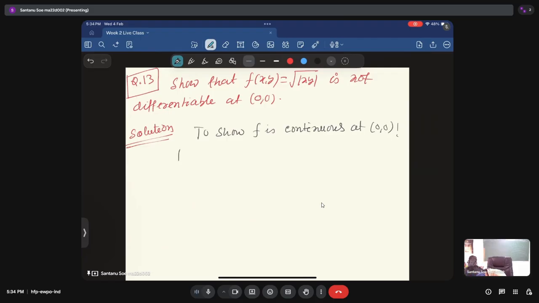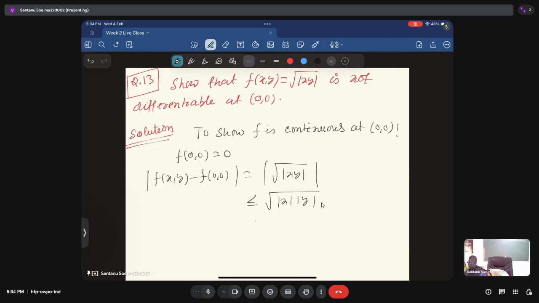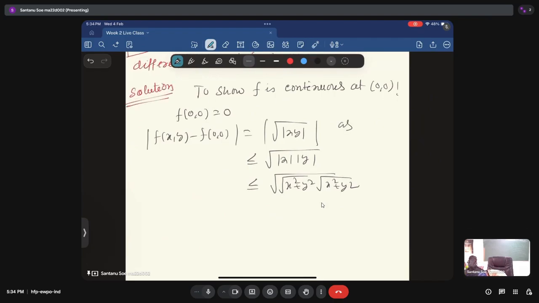So clearly we can see that f(0,0) is 0. Then |f(x,y) minus f(0,0)| is nothing but modulus of square root of modulus of xy, and this is less than or equal to square root of |x| times |y|, and this will be less than or equal to square root of square root of (x square plus y square) times square root of (x square plus y square), as |x| is less than or equal to square root of x square plus y square, and |y| also is less than or equal to square root of x square plus y square.